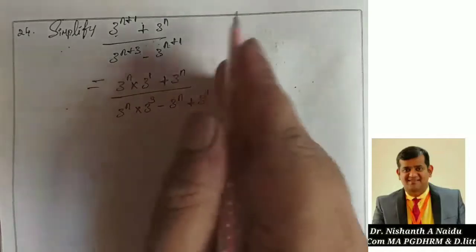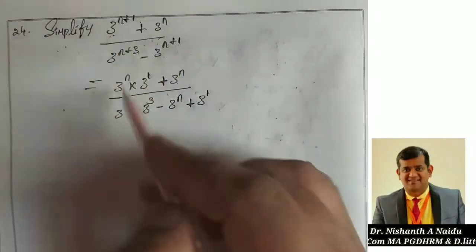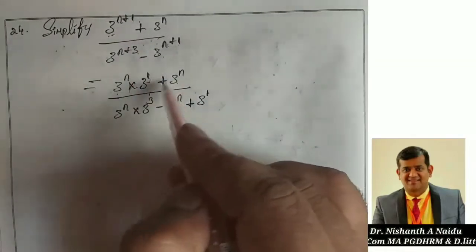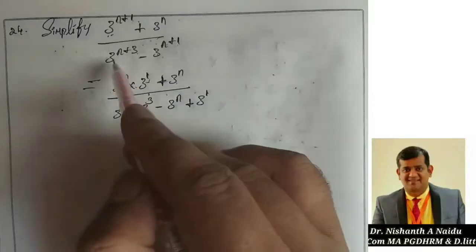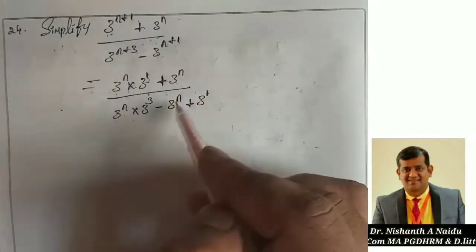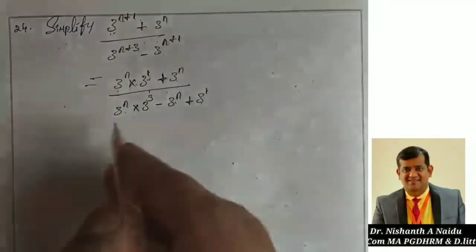Okay, so we are bifurcating the bases with the powers. This is how we have simplified.